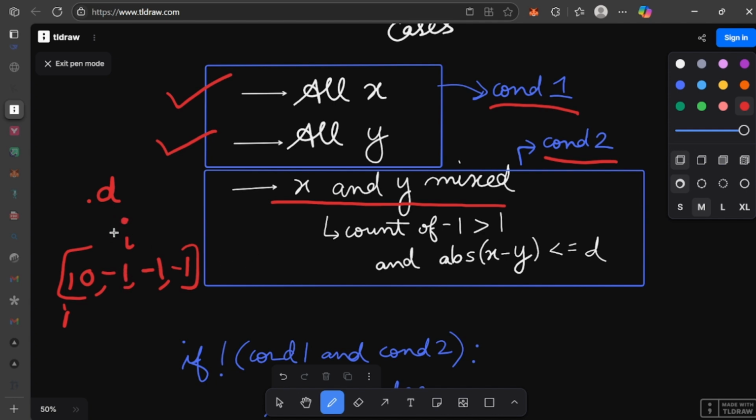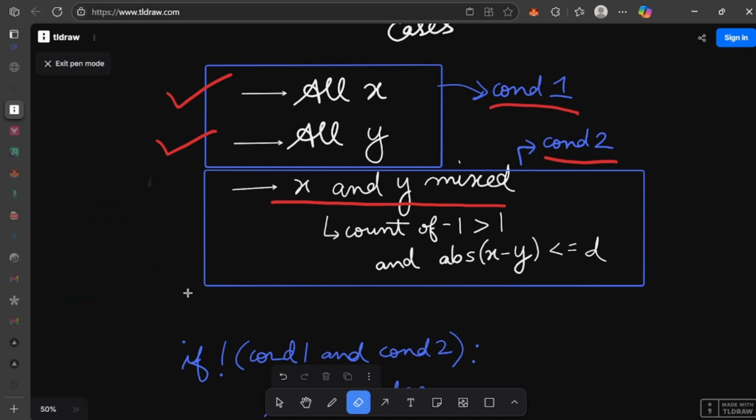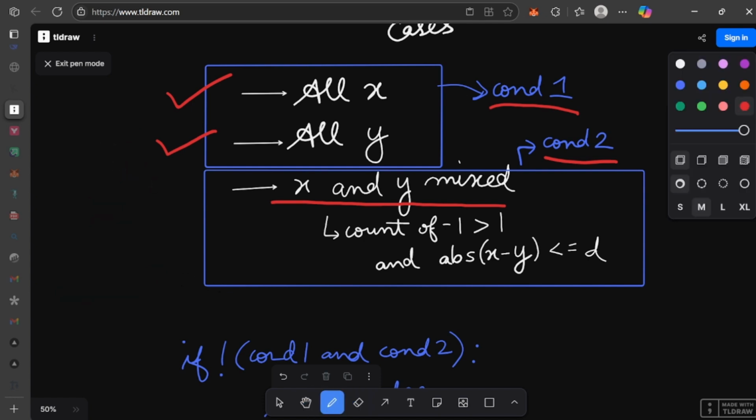So previous minus nums of i should be less than or equal to d. This would be the case. And others are -1, so it doesn't matter.